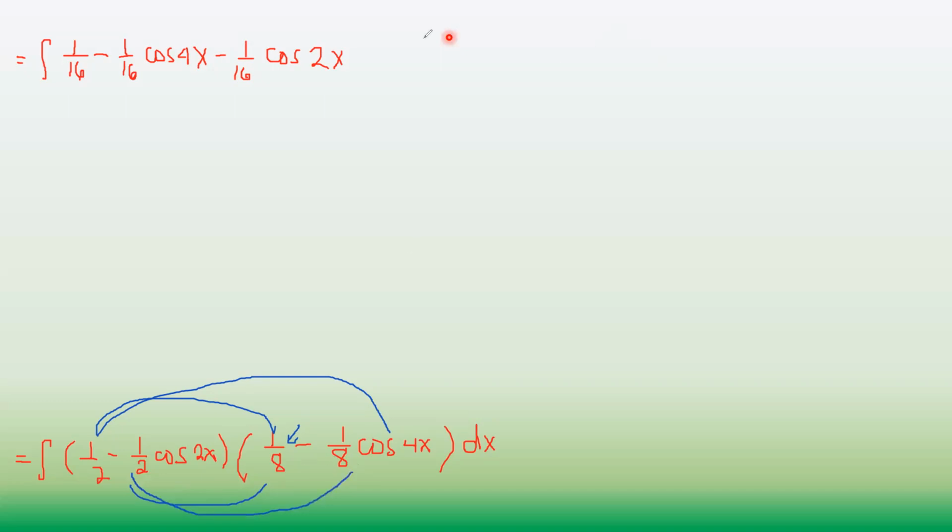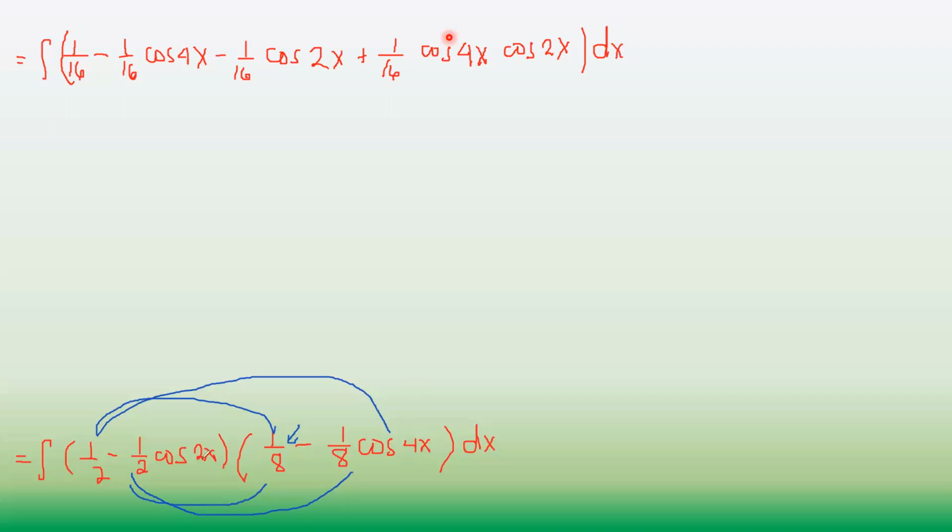So, magiging positive na siya. Kaya plus 1/16 of cosine 4x yun. Magkaiba, di pwede gawing squared cosine 4x, tatabihin mo lang. Cosine 2x. Saka natin isasara. And rewrite dx.